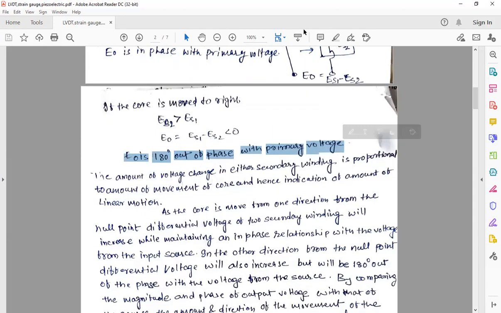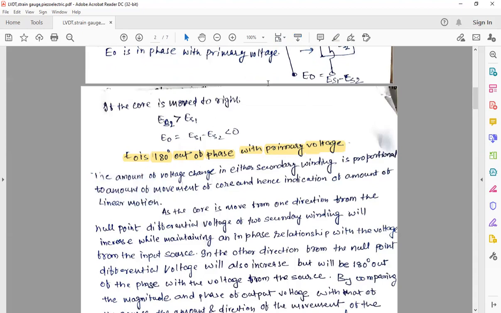The amount of voltage change in either secondary winding is proportional to the amount of movement of the core, hence an indication of the amount of linear motion.